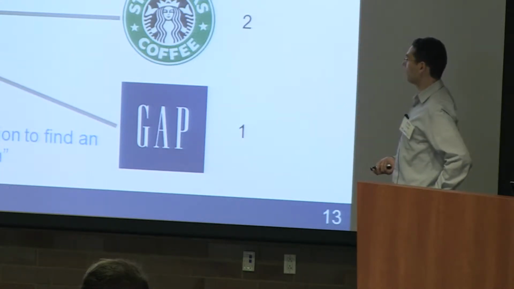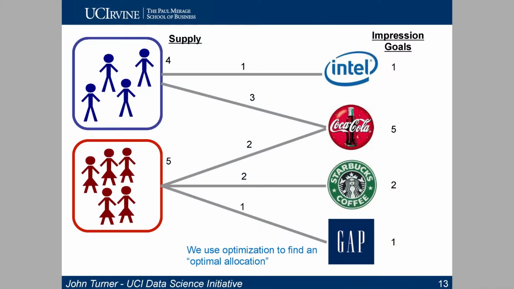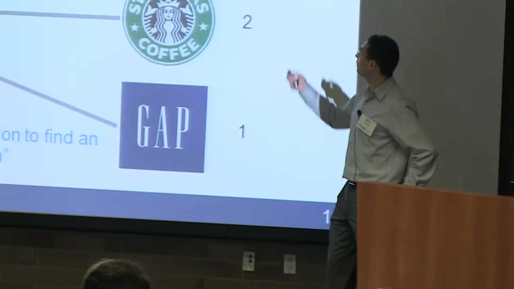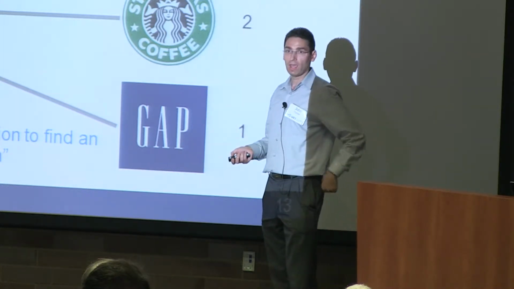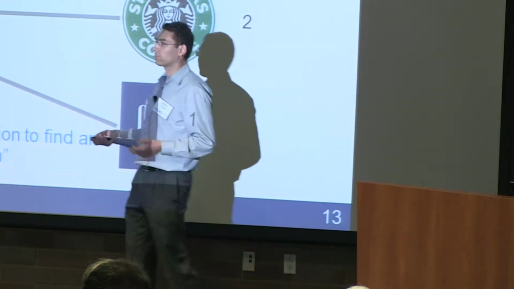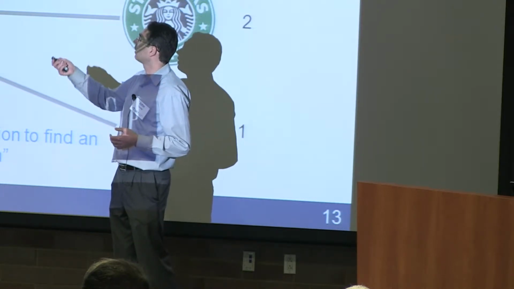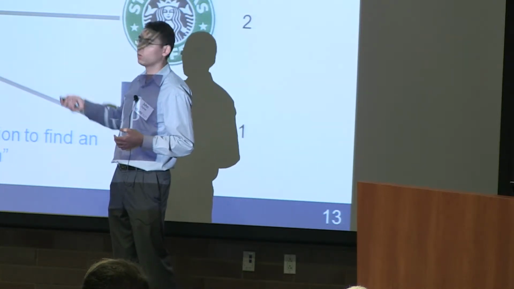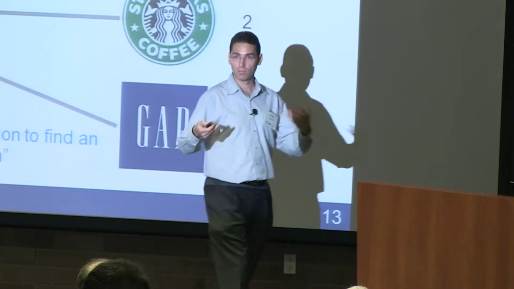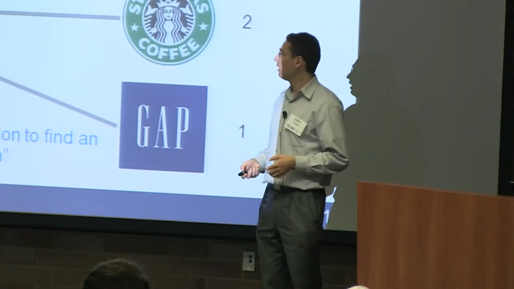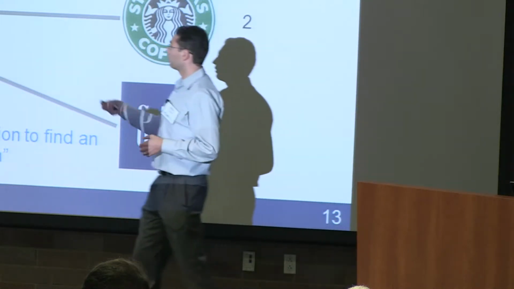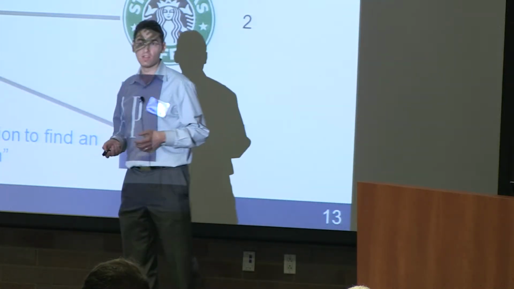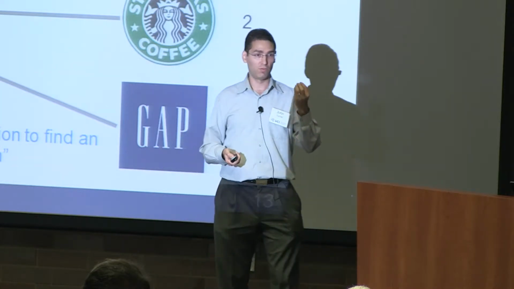And so the challenge is to solve an optimization problem that allocates a number of exposures or impressions to each advertiser from each type of viewer. And we have some forecasts available to us that tell us roughly how many viewers of each type that we're going to have. Right? And so historical data can be used to figure out what a good estimate is for the number of viewers of each type.